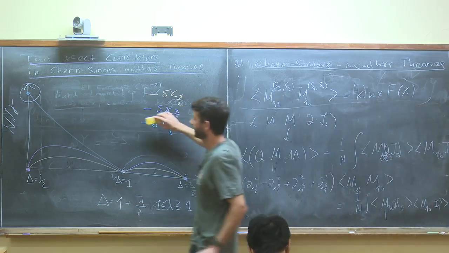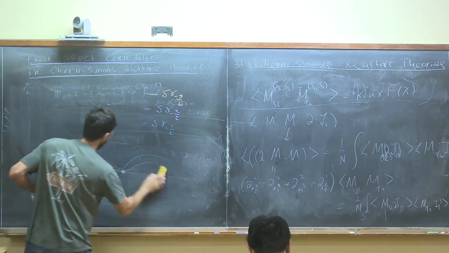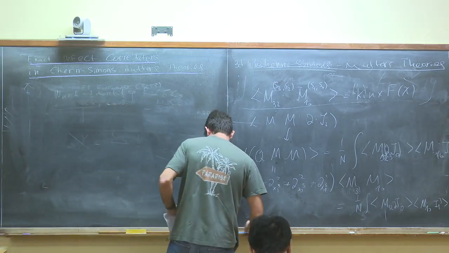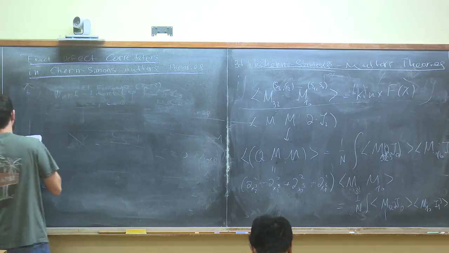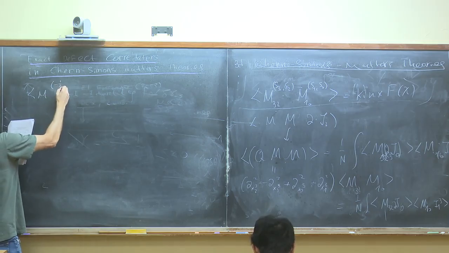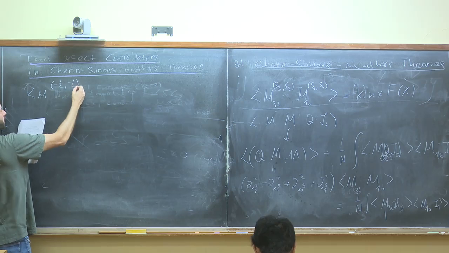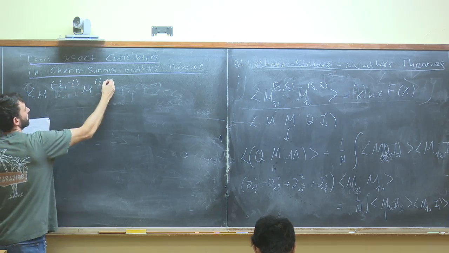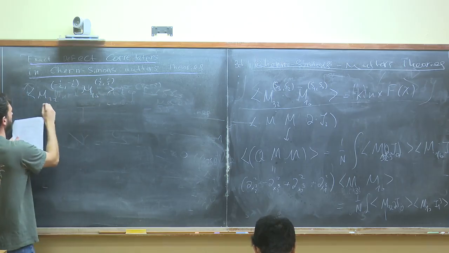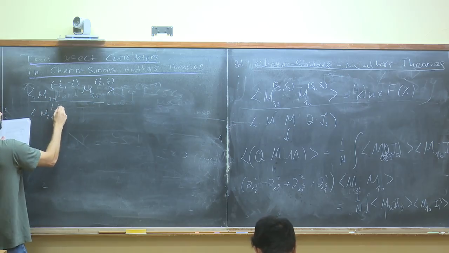Now I'll show you the result, and then you can ask me questions or go eat or something. So this is the final thing. I'm considering the following correlator. The superscript is just a choice of the spins of the boundary operators. So this is 3, 2, 1, 0, and I normalize it, so there is no dependence on any normalization.